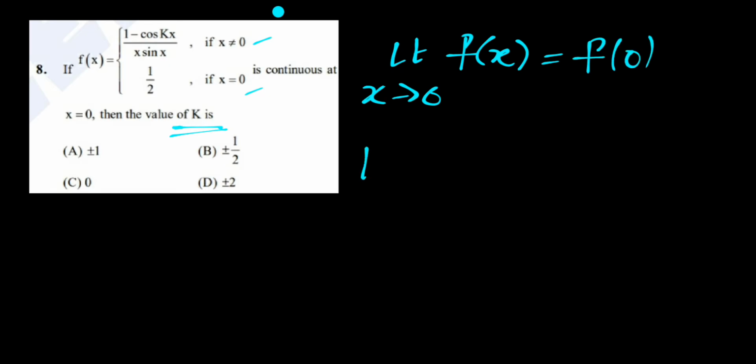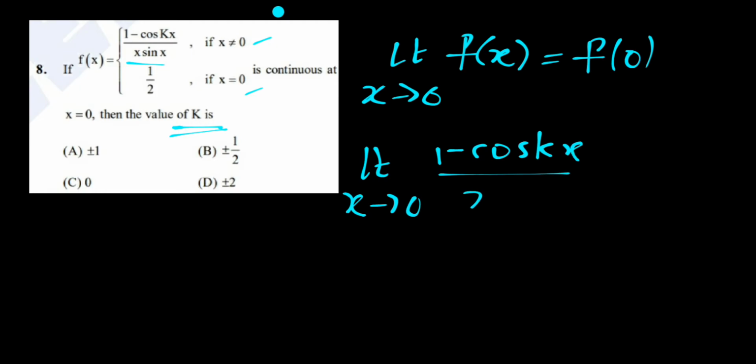So limit x tends to 0, x is not equal to 0, so that time the function is 1 minus cos kx divided by x sin x, and at 0 the function is 1 by 2.